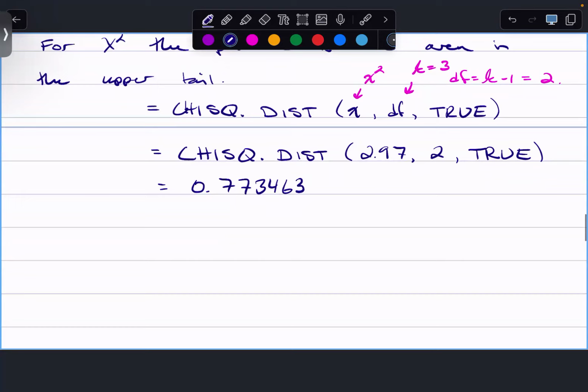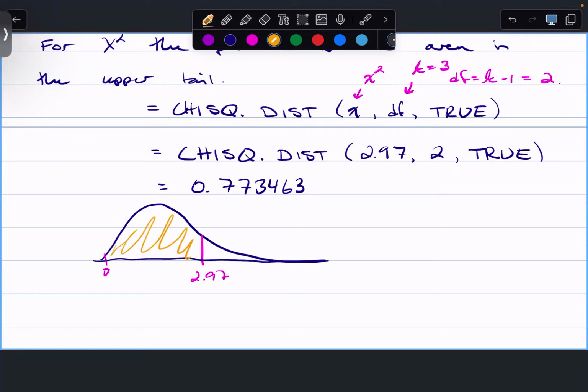Okay, so if we think about our chi-squared distribution, we gave it this value here. So this is at 0, this is 2.97-ish, and this area is 0.773463. But we want this area, this is the p-value.